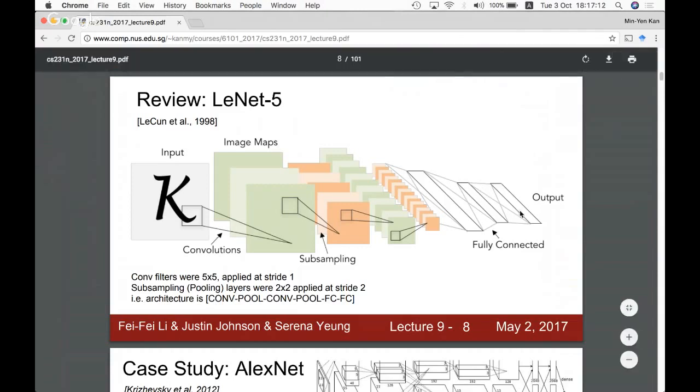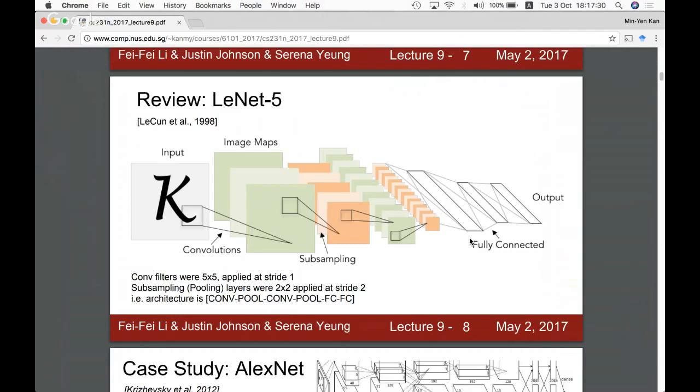As we can see, the green layers are the convolutional layers, the orange are the pooling layers after the convolutional layers, and the last 3 layers are the fully connected layers.